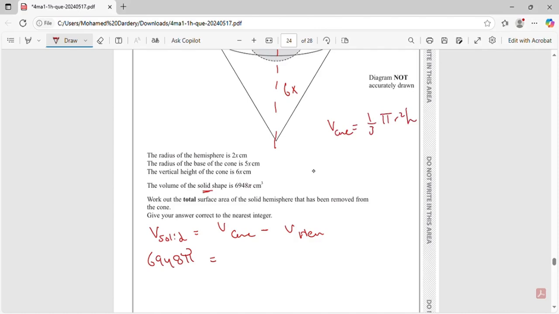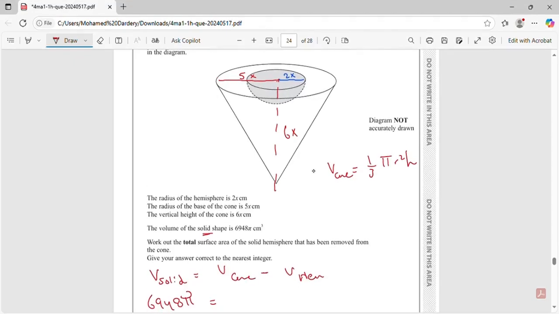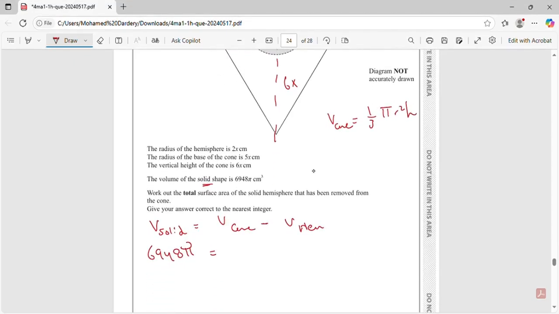As long as the r here is 5x, let's write it now. It will be 1 over 3 pi, and r here is 5x, so 5x all power of 2, all multiplied by 6x.